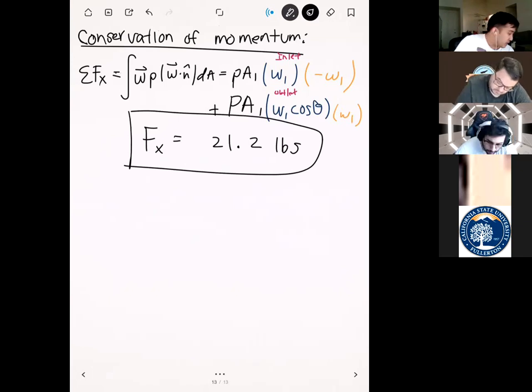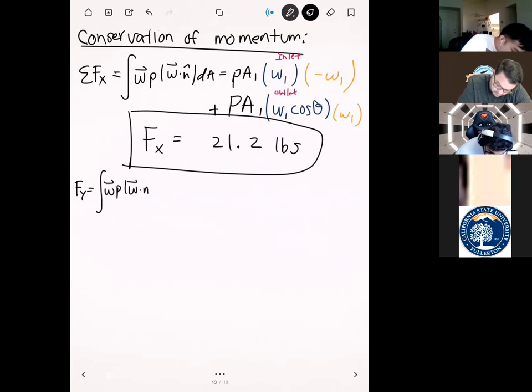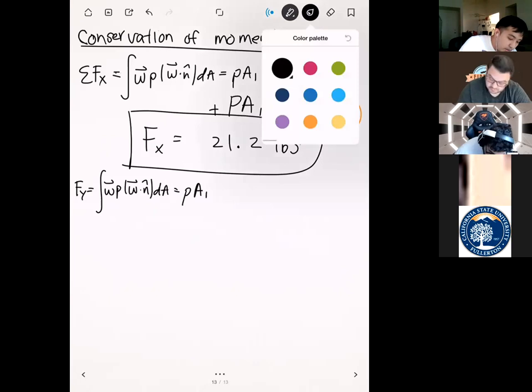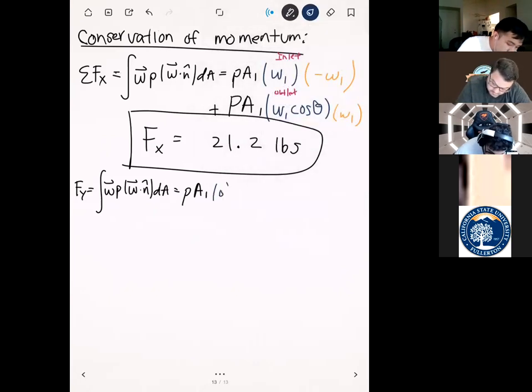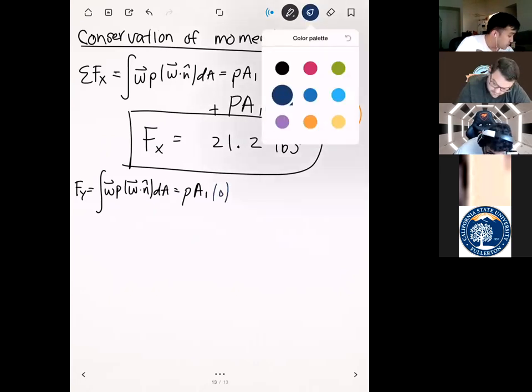And so now let's do the same in the Y direction. So Fy will be the same thing. At the inlet, our inlet is totally horizontal, so we have just a 0 velocity there.